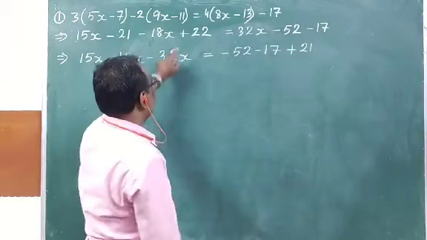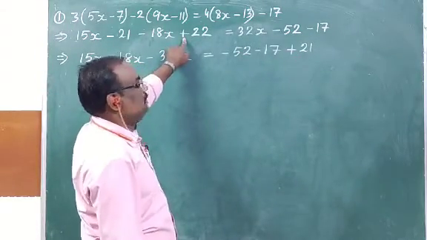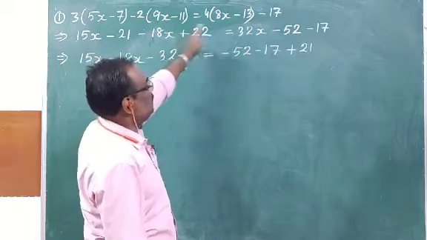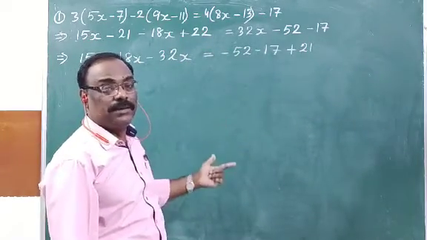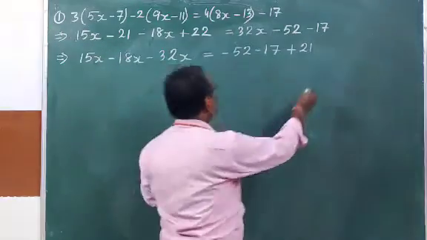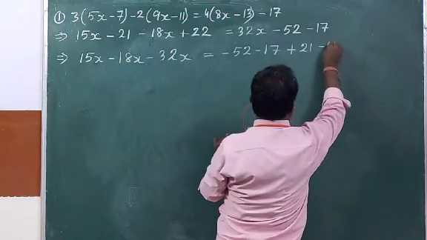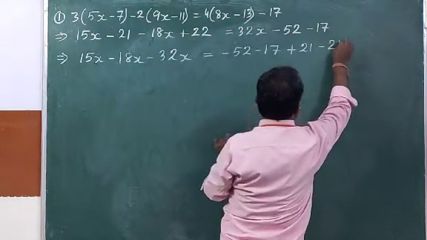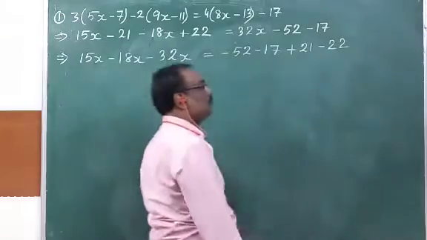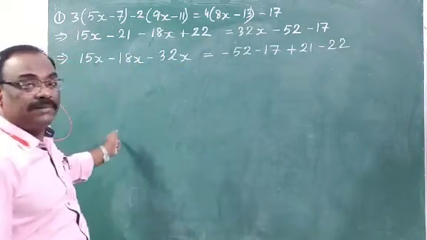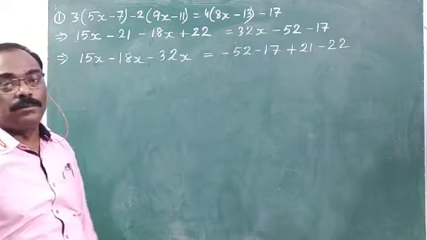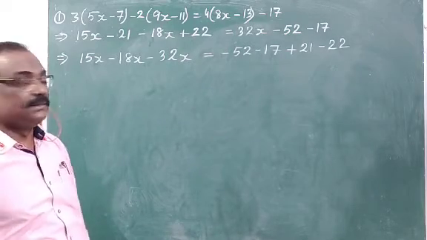Now the next number you can see is plus 22. Again I am taking this to the right hand side from left to right. It is plus, so it will become minus. So here I will write minus 22. Okay, so you can see all the variables are on the left hand side, all the constant numbers are on the right hand side.